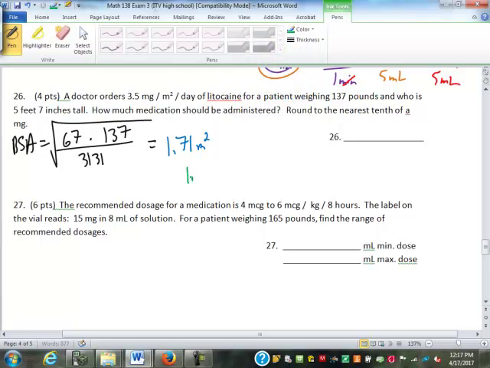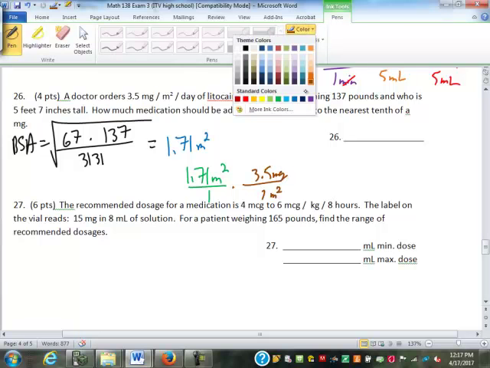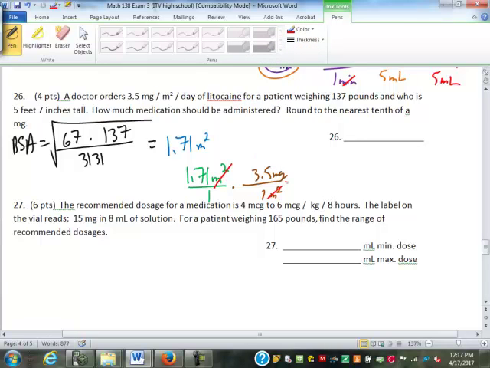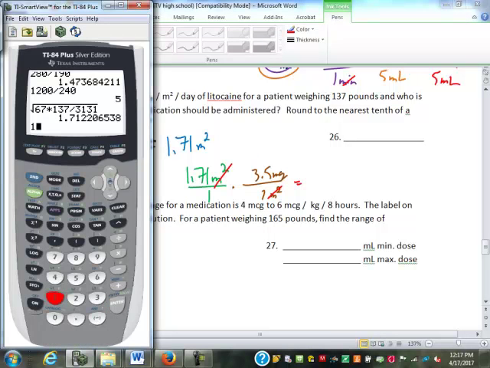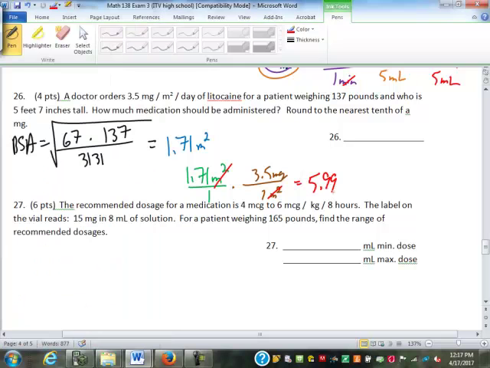And now we take that 1.71 square meters over 1. We're going to convert 3.5 milligrams per 1 square meter. The square meters cancel out. We have 1.71 times 3.5 is 5.98, 5.99 milligrams. If you'd rounded to 6, I would accept that.